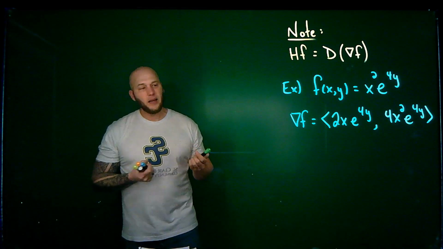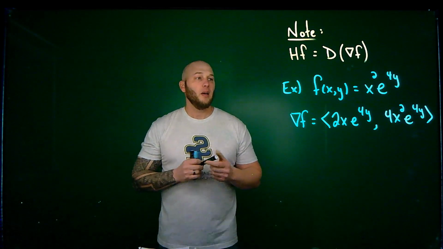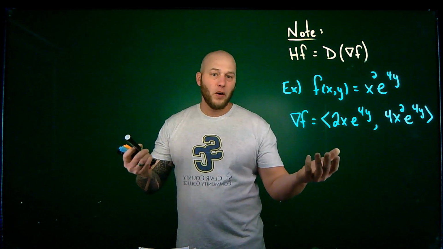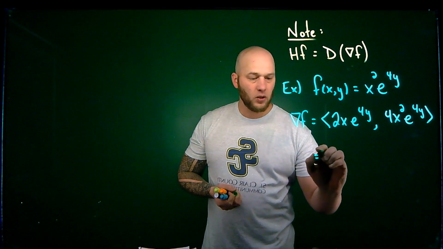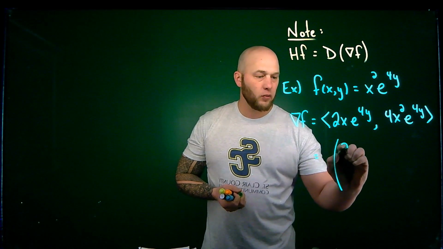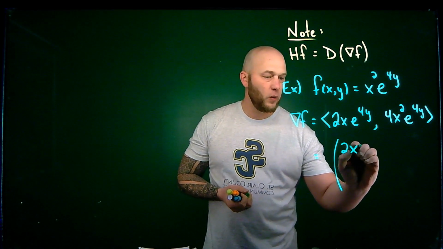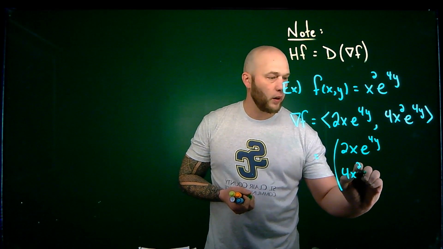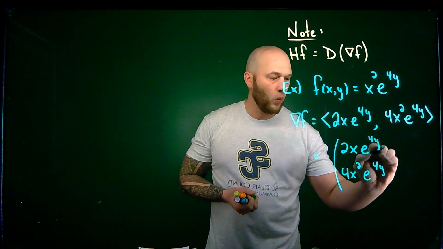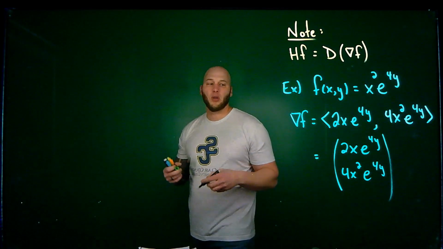In that context, the function we started with was written as a column. So just to keep it in the same format, let's write it as a column vector here: 2x e to the 4y, and then 4x squared e to the 4y. Again, just so we can match it up with that previous video.